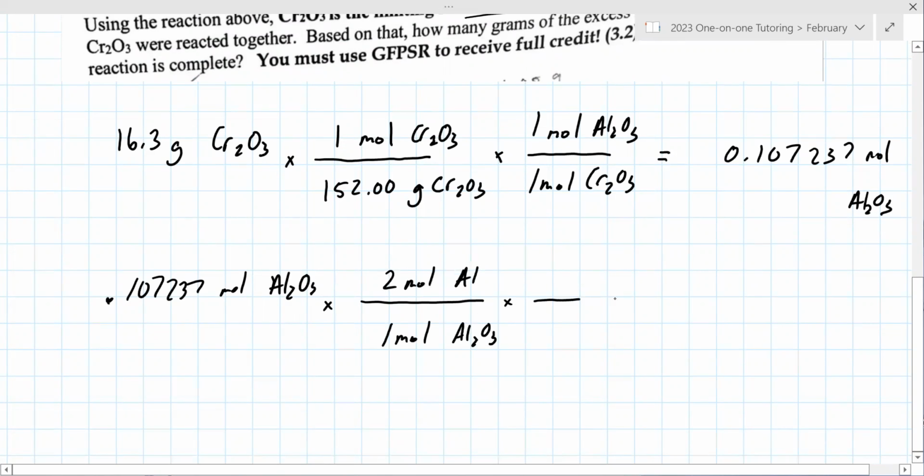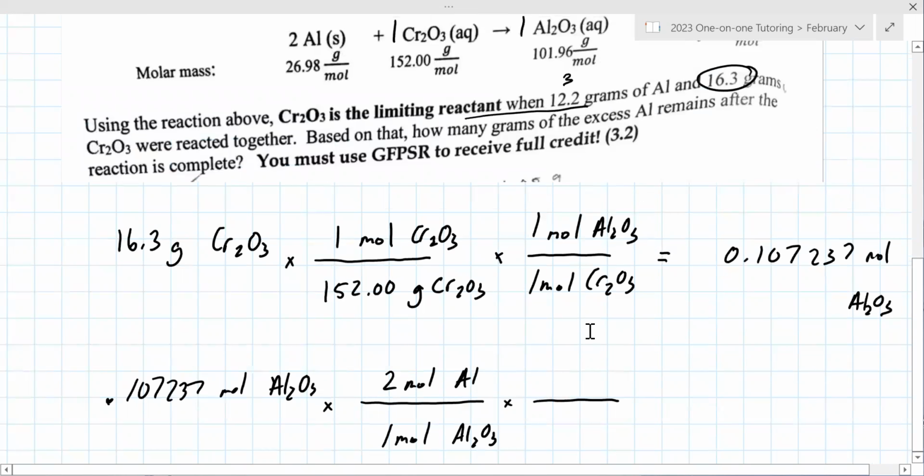Now, because we want to know how many grams of aluminum, we have to convert from moles of aluminum using the molar mass of aluminum. So 1 mole of that is 26.98 grams on the top. If it were Al with a subscript 2, then it would be double, but this is just aluminum.